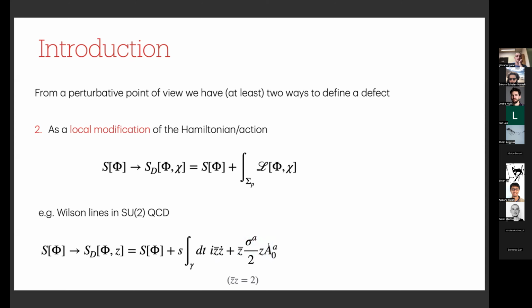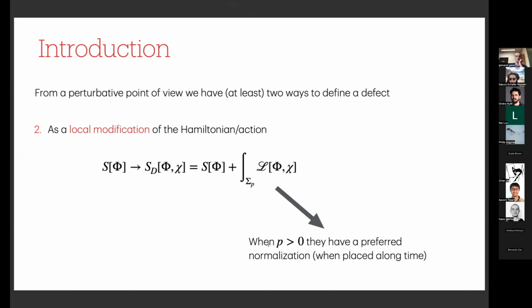Okay, this point of view as a local modification of the action also gives a very nice consequence in terms of the normalization of these defects. For extended defects, which are not local, we know that since they should define a new Hamiltonian, what we call a defect Hamiltonian, this Hamiltonian should be well defined.